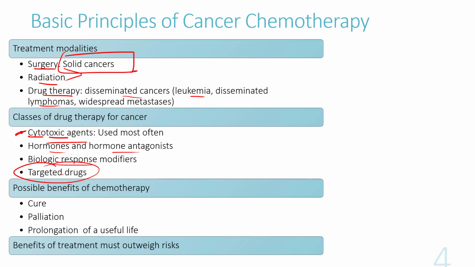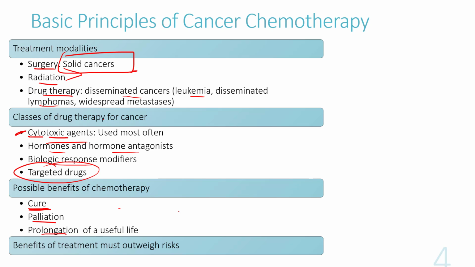Now, benefits of chemotherapy: obviously, in most cases, you would want and hope for a cure. In other cases, it's for palliation, so to have a better quality of life if it doesn't offer a complete cure, and also to prolong a useful life, to extend the life of a person living with cancer.